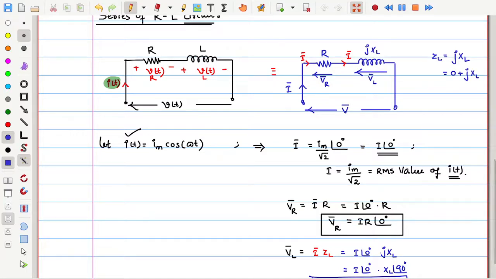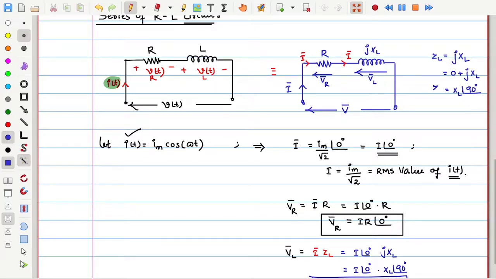This looks like the A plus JB form. How much is the magnitude? Square root of 0 square plus XL square, which gives XL. How much is the angle? Tan inverse of B by A. What is B here? XL. A is 0. So tan inverse infinite is 90, so at an angle of 90.